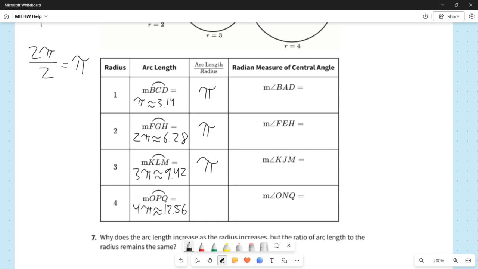And then for the fourth one, it's going to be 4 pi over 4. And I know this is going to shock all of you, but we end up getting pi again. So every single time, the radius is increasing, the arc length is increasing, but when we take the ratio of those two things, we actually get the same number, and in fact, that number happens to be pi. Very special number in all of mathematics, not just geometry.